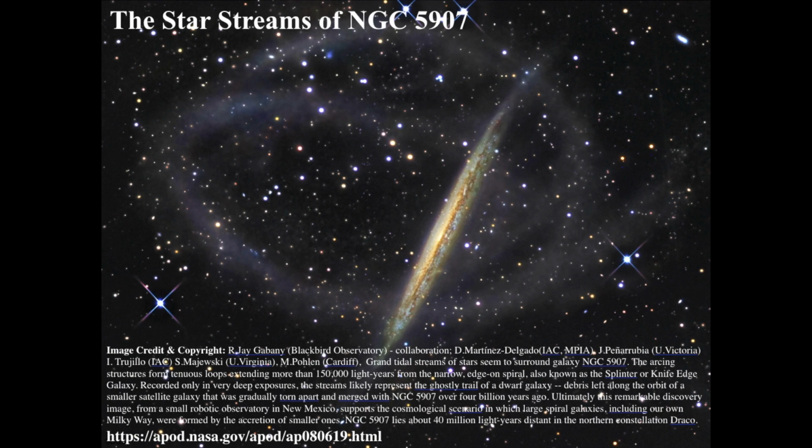These tidal streams demonstrate quite clearly that little dwarf galaxies do get ripped apart by bigger galaxies. Essentially, they lose their cohesion because the bigger galaxy simply stretches out these little galaxies, and the stars become streams rather than these clots like little dwarf galaxies or spirals or something like that.